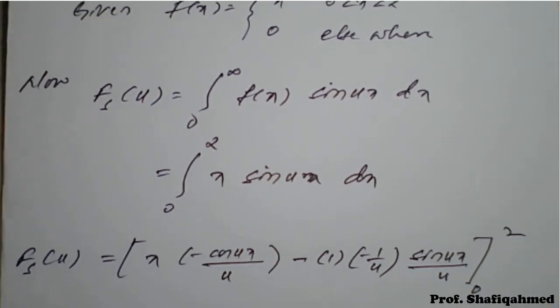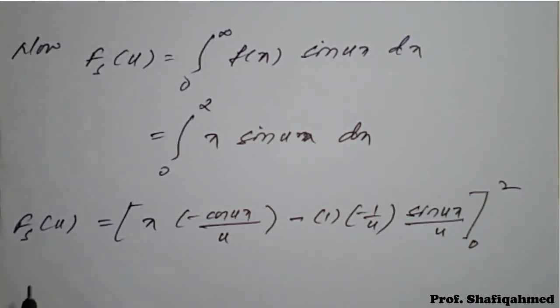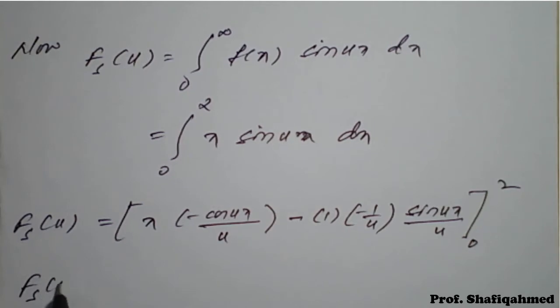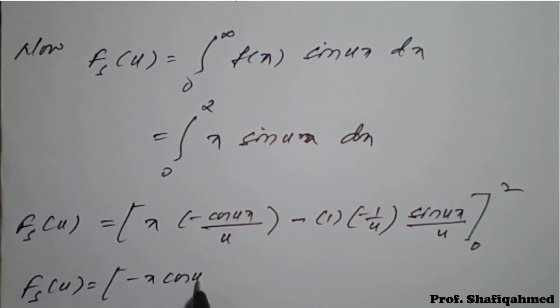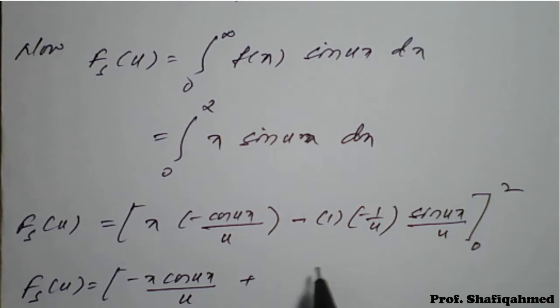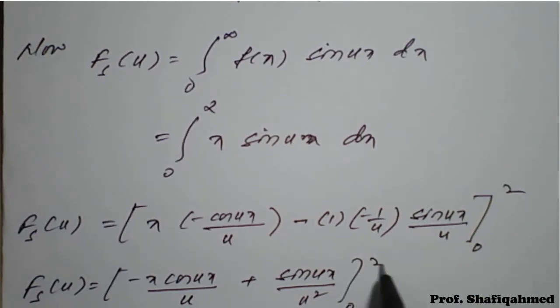So fs of u becomes minus x cos ux upon u plus sine of ux divided by u square, from 0 to 2.